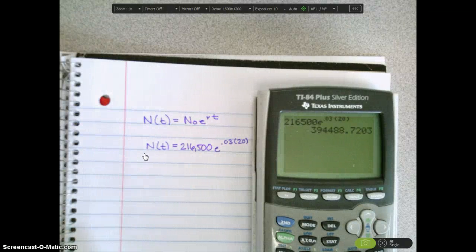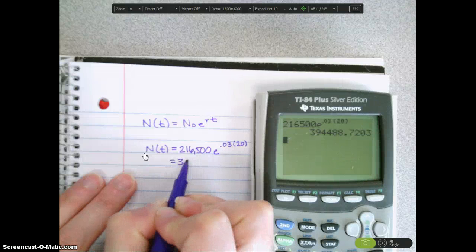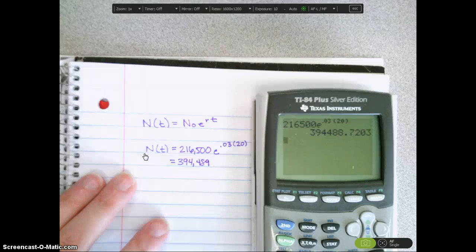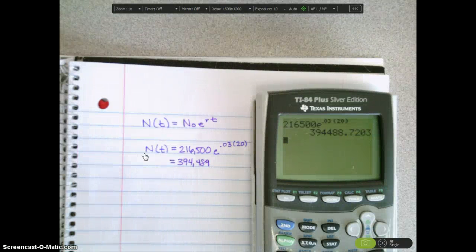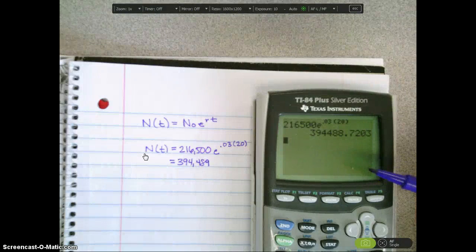So we see that in 20 years from now, the population of Miami is 394,489-ish people. That is how we would calculate population.